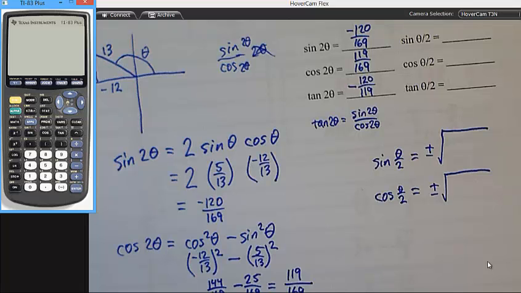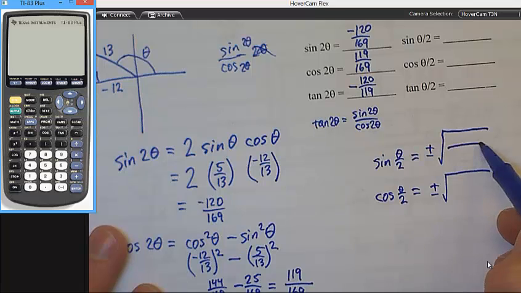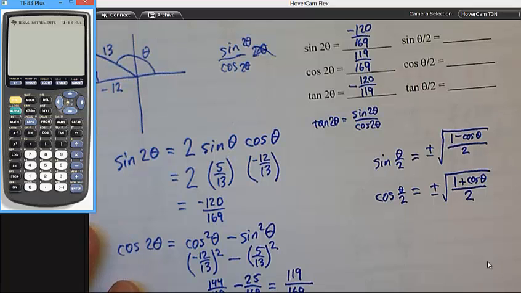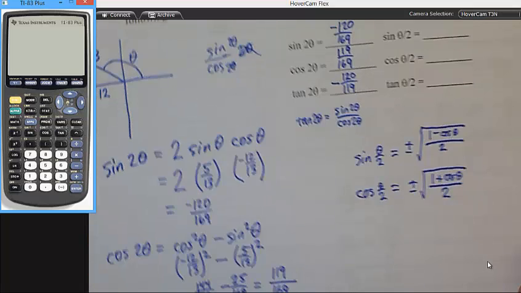And then the other thing is just remembering what they are. So this one is 1 minus the cosine of theta over 2, and this one is 1 plus the cosine of theta over 2.